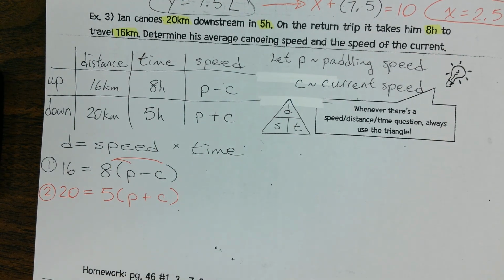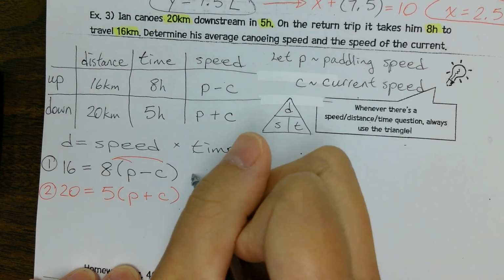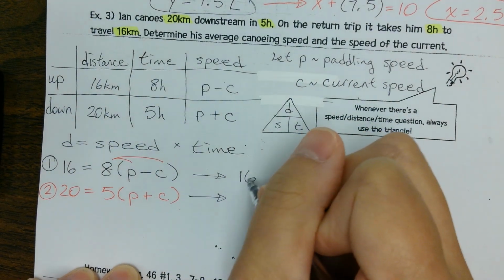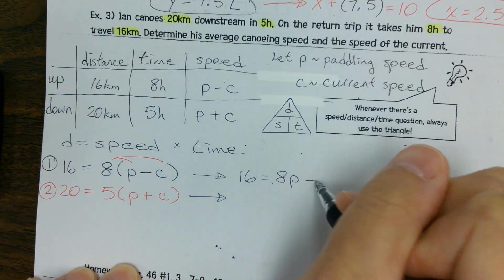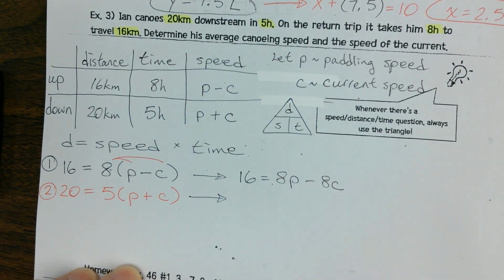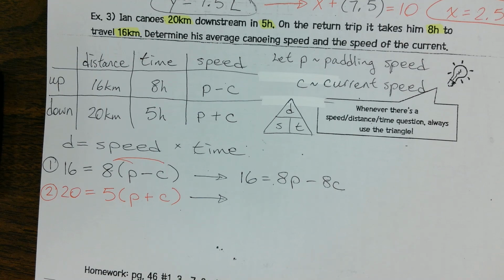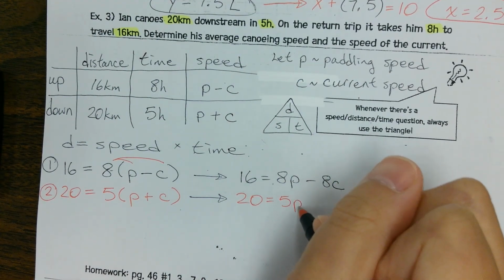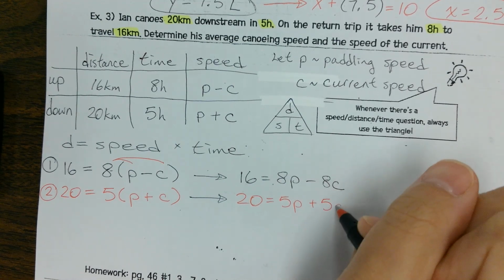If I wrote it at the back, people miss it. That's why I wrote it in a way that we are used to seeing. So when we expand this out, we have 16 equals 8P minus 8C. Bottom equation, 20 equals 5P plus 5C.